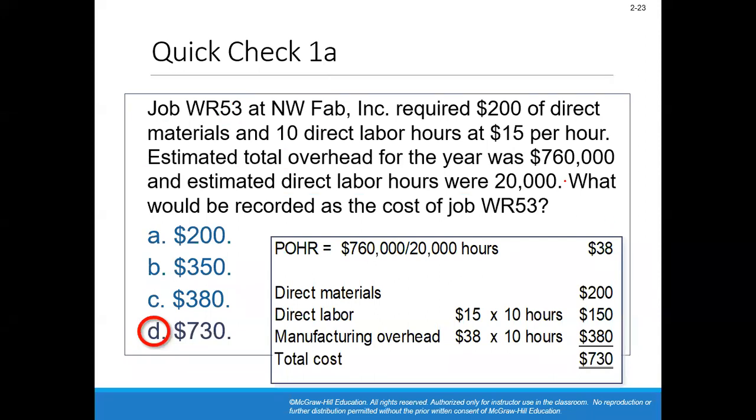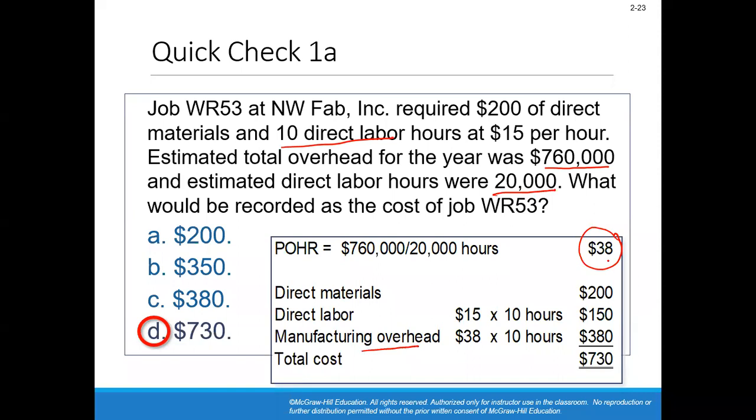Okay. So we need to determine the predetermined overhead rate first by dividing the 760,000 total overhead cost by the number of allocation base, which is our 20,000. So it is the 38. And for the job order costing, we require 10 direct labor hours for the purpose of manufacturing overhead.